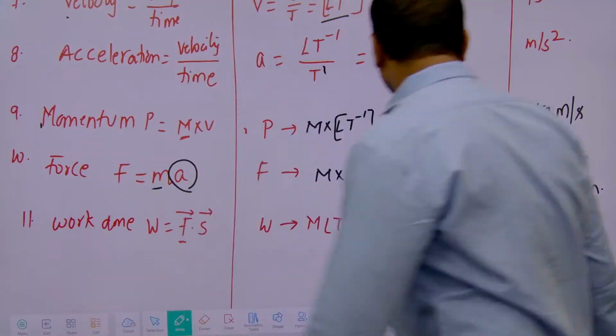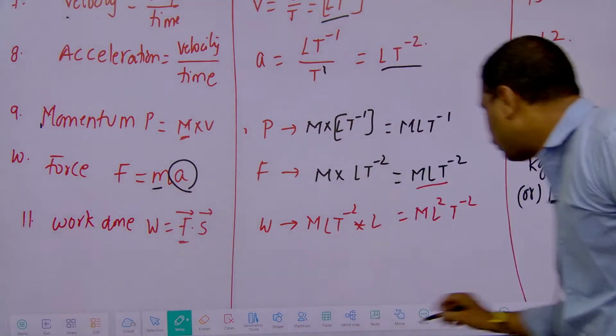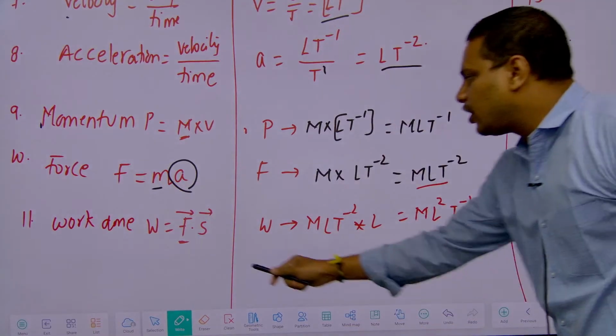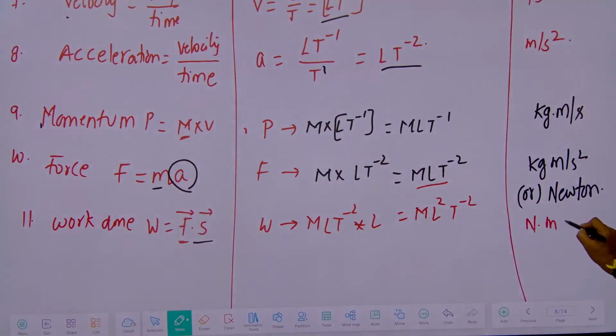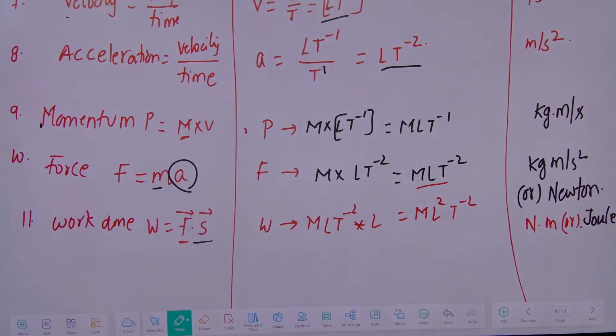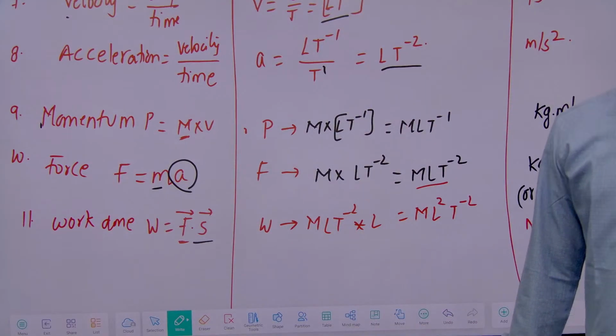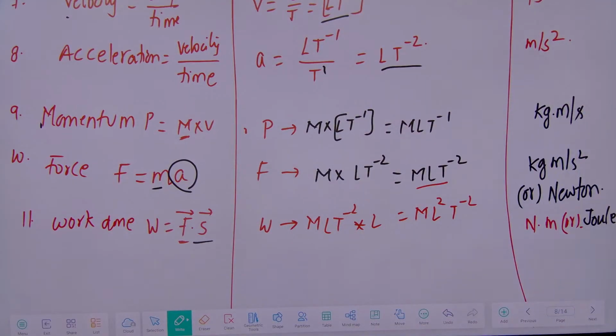Then what should be the unit? Newton meter, which is also called joule, where joule is the SI unit. Are you clear? If you want to copy, you can copy it.